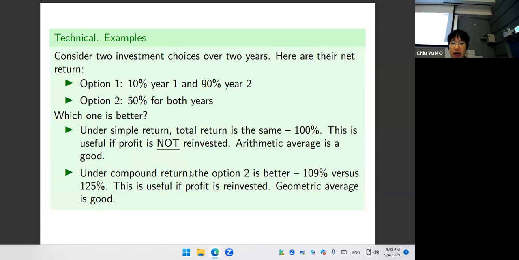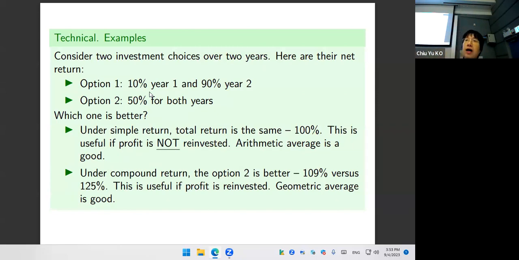And this is the reason why you would want to care about the geometric average. Just a simple example. Consider the returns for option 1: the first year you get 10%, the second year 90%, and option 2 is 50% in both years. The average net return is the same for both cases, 50%. But if you look at the geometric one, the second one is better, because with 50% in both years it grows faster, since what you earn in the first year can be reinvested.